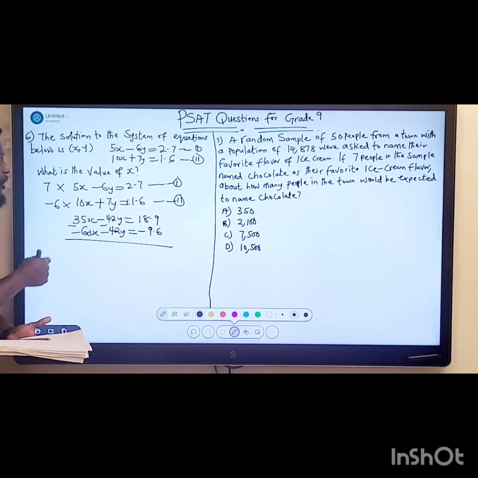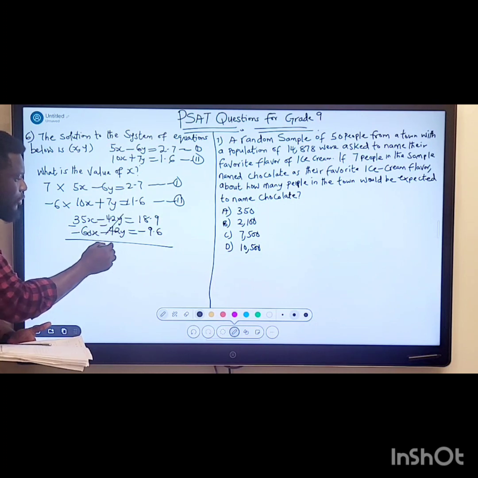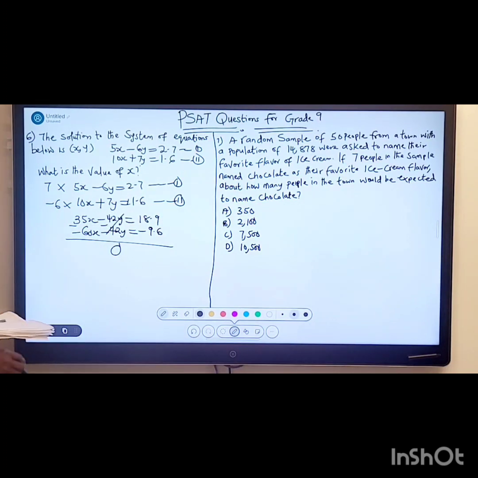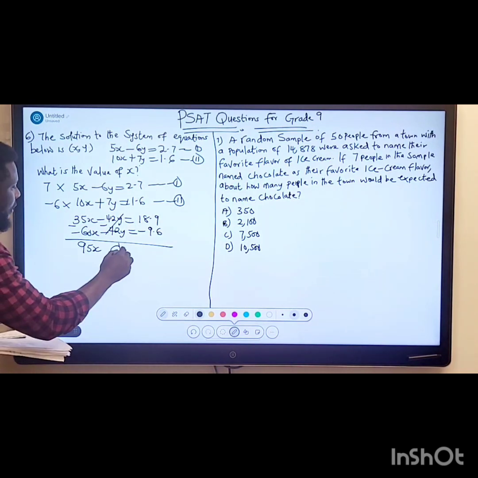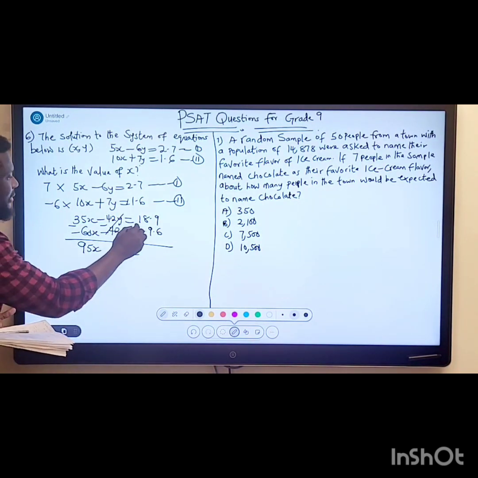Negative times negative gives us positive, so 35x plus 60x gives us 95x.